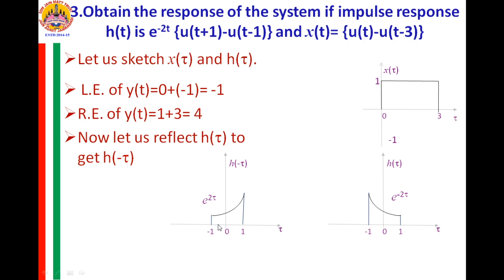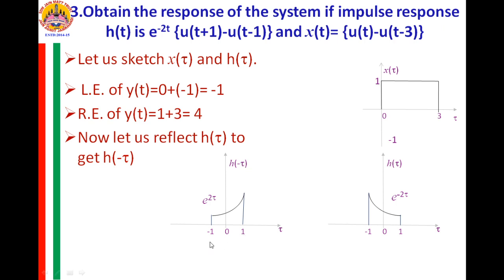Okay. Now for t equal to 0 you observe that these two overlap from 0 to 1. For t is equal to 0, this is 0, this end of h of minus tau is 1 and this end is minus 1. So what is this end and this end of h of minus tau, or h of t minus tau?